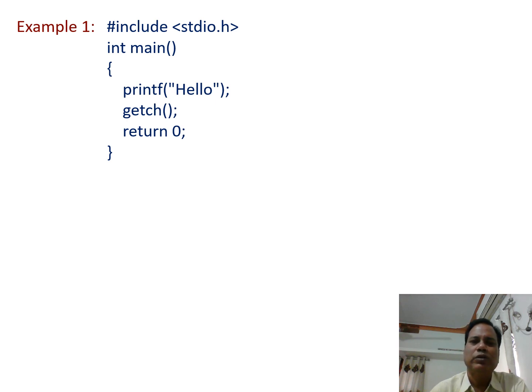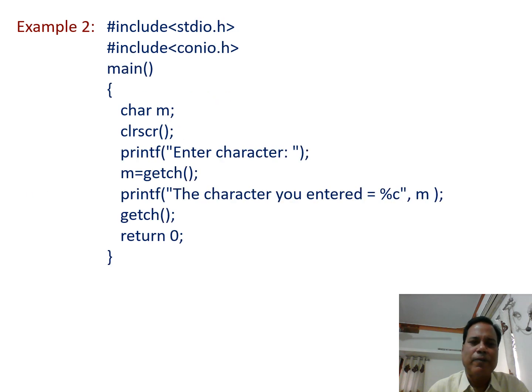This will hold the output screen unless a key is pressed. So when we run this program, the output screen is held until we press any key on the keyboard, then we come back to the code, and once this output is displayed.